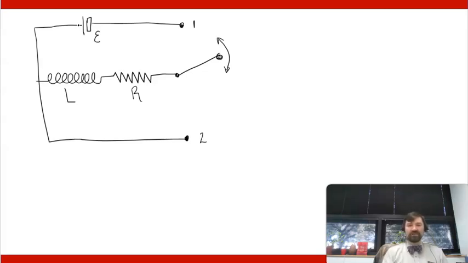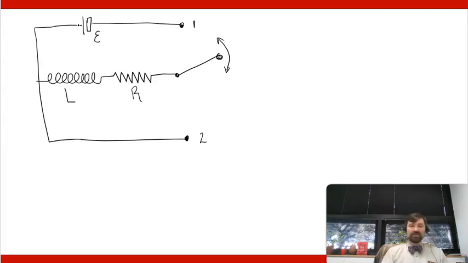Essentially what I've got here is an inductor and a resistor in series, and then a switch that can either put them together in series with a battery or simply put them together with a short. So in other words, no battery, but you have a closed circuit. And so the question is what happens if we move the switch to one or the other position.